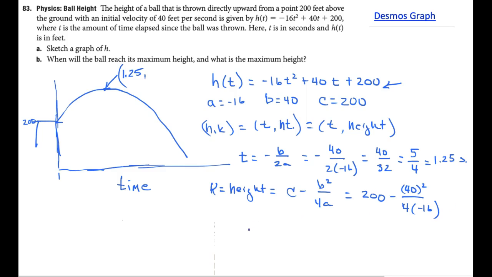And if you plug that into your calculator, you just find that the height at that point is going to be 225 feet. Okay, and feet, we know it's feet because if we go up here and look in the problem, we have feet as all of the units here. So we end up with 1.25 seconds and 225 feet as the vertex.